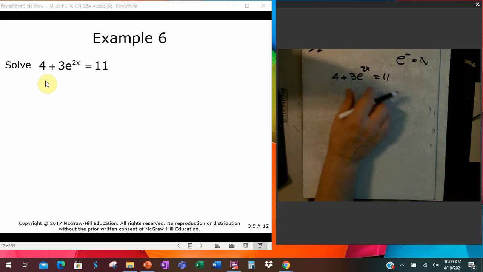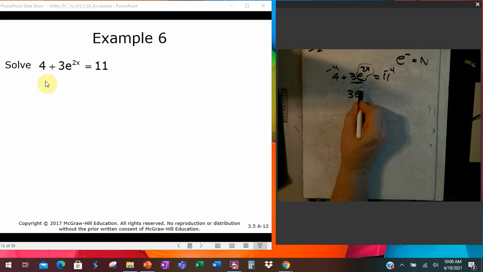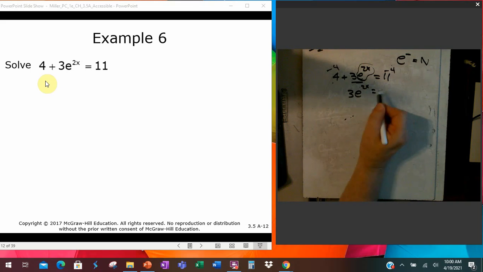So the first thing I want to focus on is this part of it, but to get that, I need to take off the outside first.